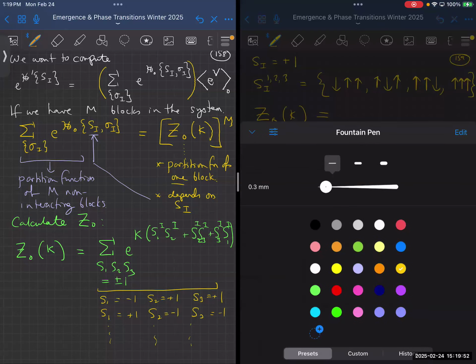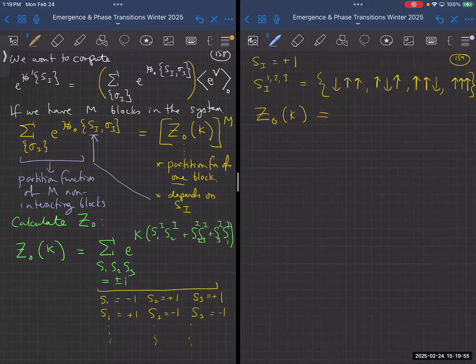So in these ones here, all of those terms, let me write it like this, those terms give me e to the minus K each, right? Because substitute those into here. So I've got S1 is minus, S2 is plus, S1 S2 times minus 1 times plus 1 is minus 1.